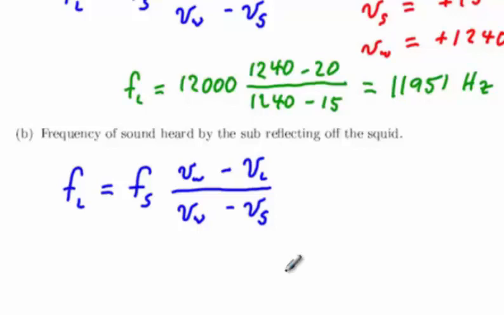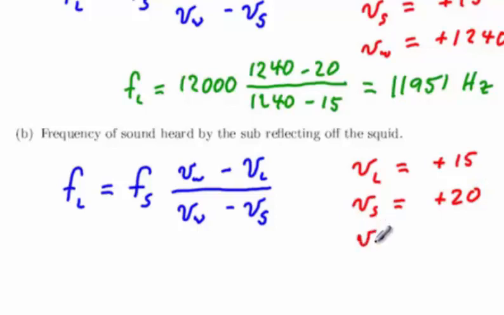Since the squid and the submarine are moving to the left, I'm going to keep the left as positive, meaning that the velocity of the listener, the submarine, is positive 15. The velocity of the source, the squid, is positive 20. And the velocity of the wave, since it now goes from squid towards submarine, will be our negative number. Velocity of the wave is negative 1240.